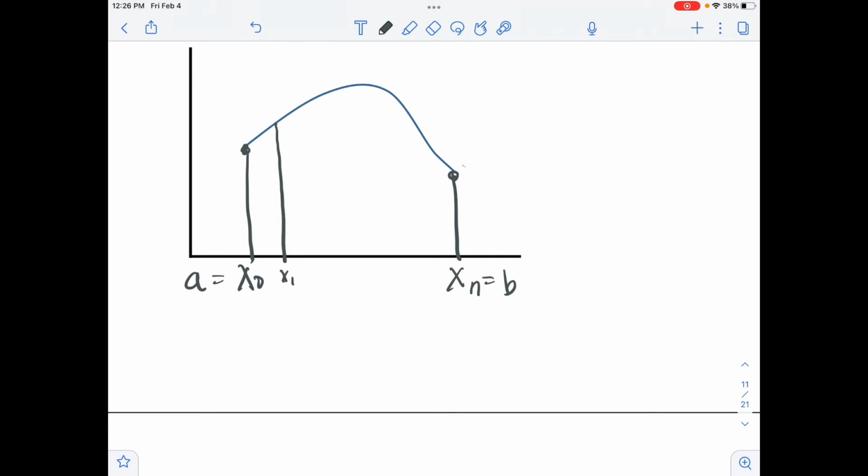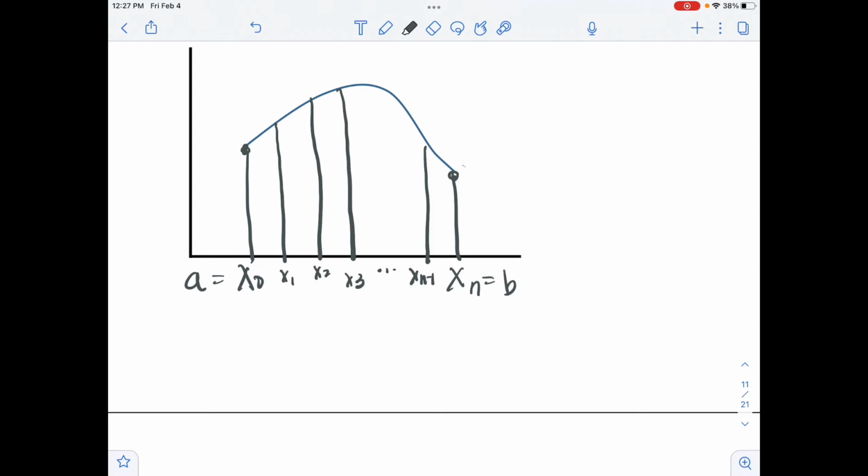So I have x1, x2, x3, and I'll put on x sub n minus 1 and put my dot dot dots. And for this one, I'm going to draw on where those midpoints are.